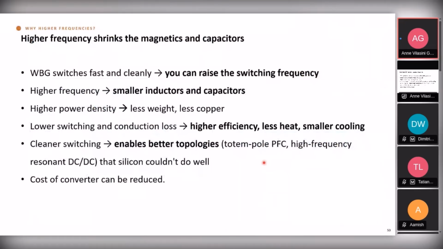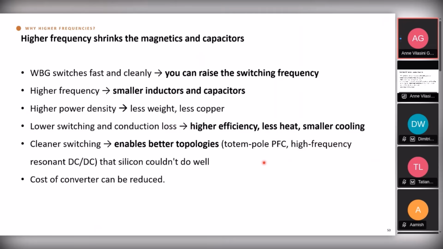So why is everybody moving to high frequencies? The wide-bandgap semiconductors are capable of switching very fast, so you can raise the frequency. But what happens when you raise the frequency is that the inductors and capacitors can become small. When they become small, you are reducing the entire mechanical dimensions of the product, in our case, an onboard charger.